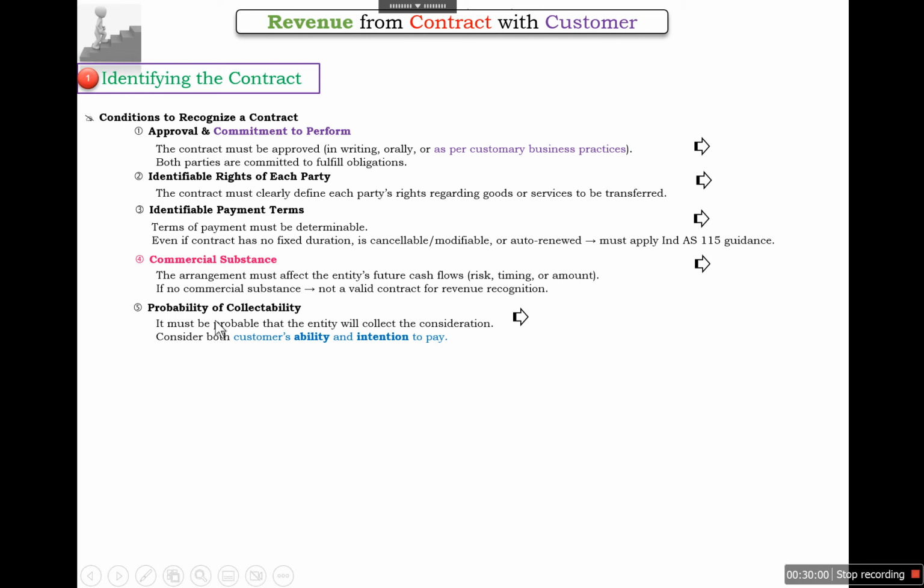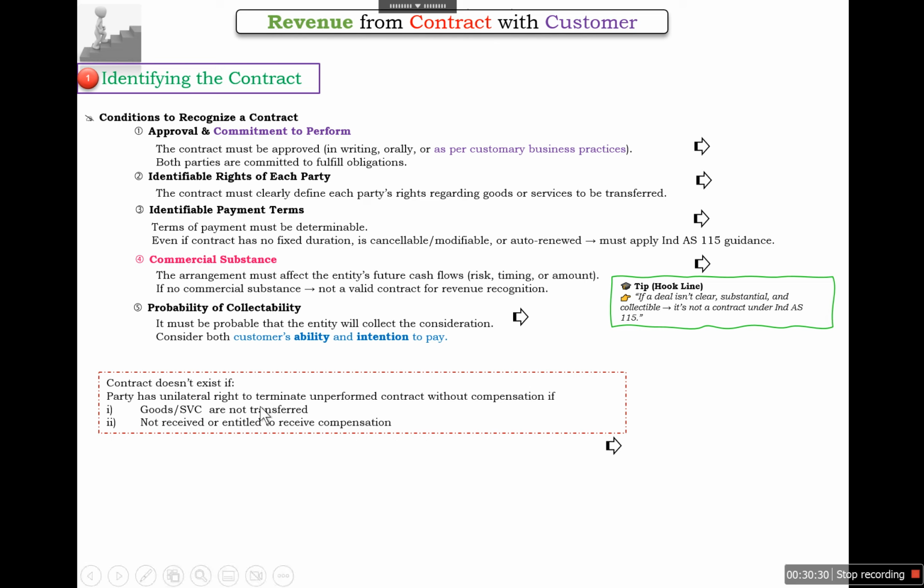If we summarize, if a deal is not clear, not substantial and not collectible, then it is not a contract. There should be commitment, collectability, and commercial substance. In that case only will it be called a contract.